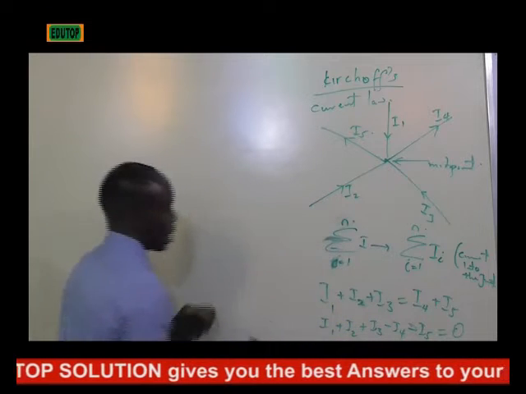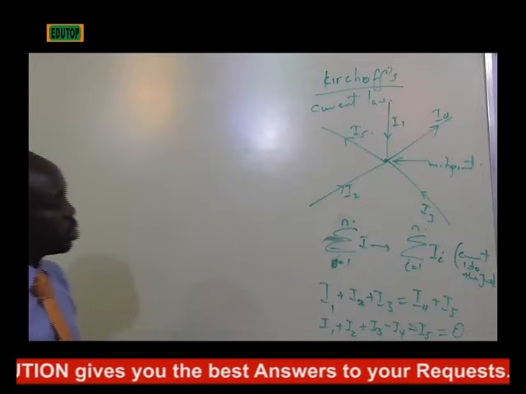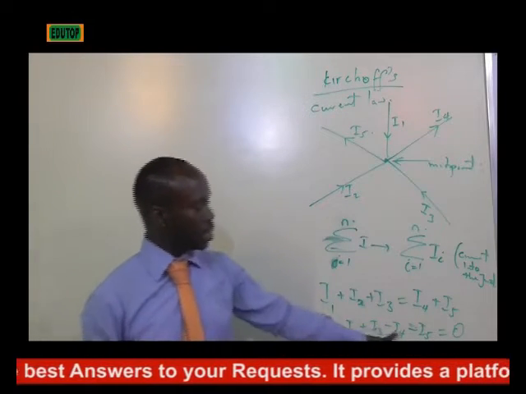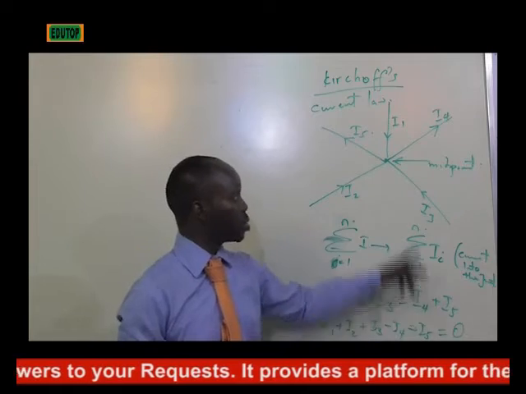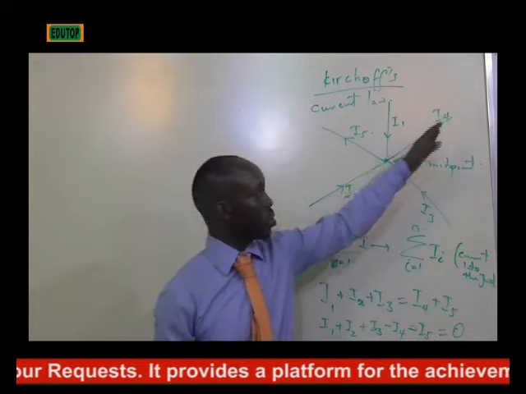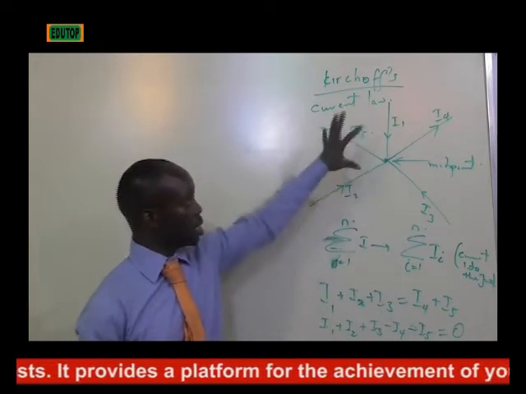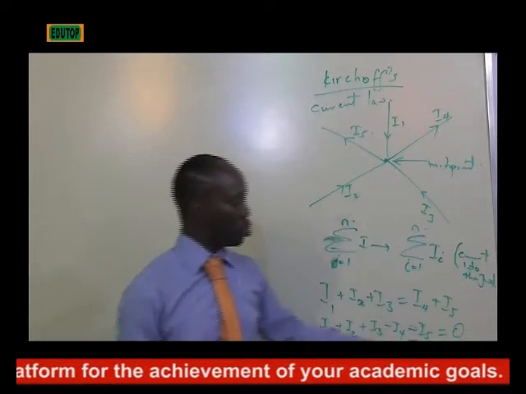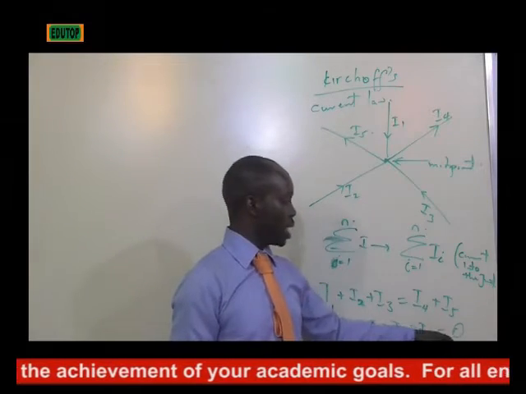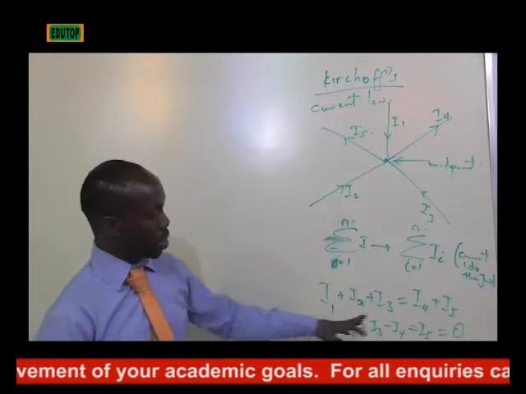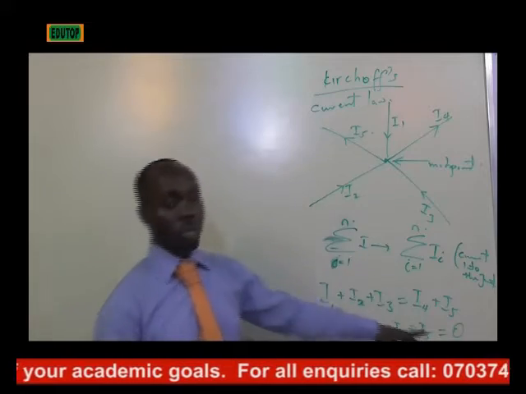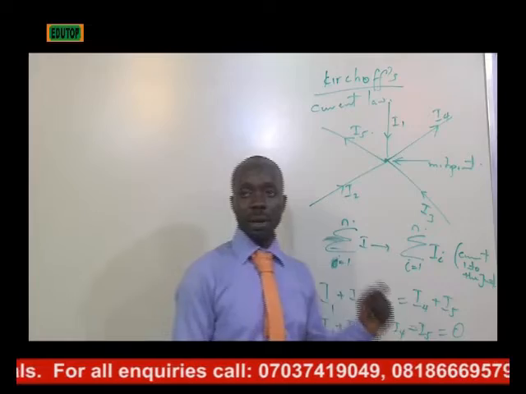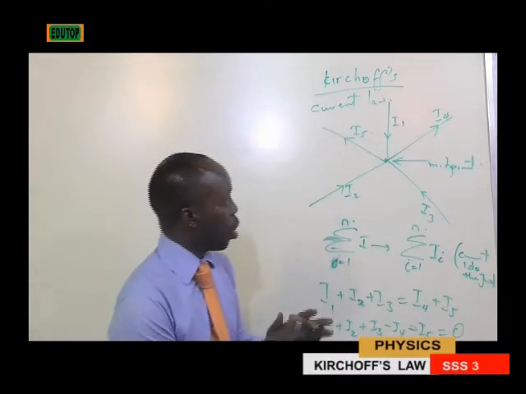So this is what Kirchhoff is trying to talk about. When I say algebraic sum, this is what we call the algebraic sum. Why are these particular ones negative? They are negative because of their direction. Their direction is outward. Why are these positive? Because their direction is coming in. So if you can establish all this, then you'll be able to obtain the resultant of the algebraic sum of all the currents to be 0. That is a simple illustration of Kirchhoff's current law.